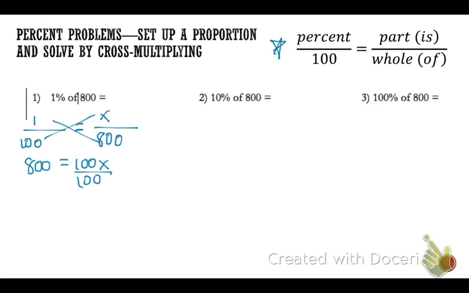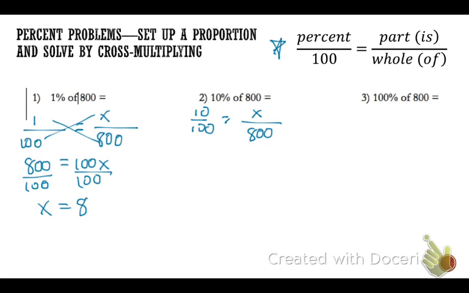So you can see that 1% of 800 is 8. Now you might have just figured that out mentally, because one part of 100, but then if you have 800 parts, a single portion of that would just be 8. But you can always set up a percent proportion. So 10%, so 10 over 100 of 800.